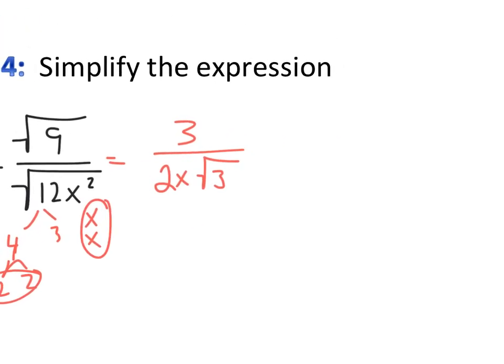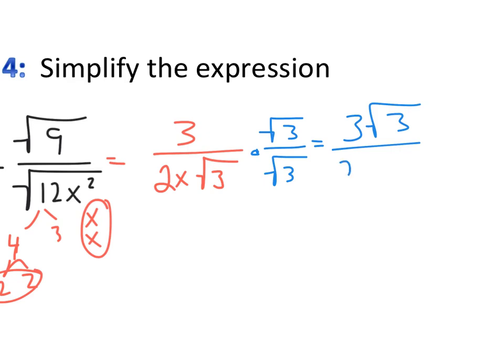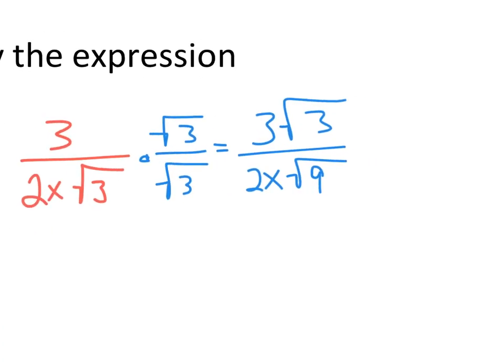I can't have a radical in the bottom, so I need to multiply by the square root of 3 over the square root of 3. When I do that on the top, 3 times the square root of 3 is just 3 square roots of 3. On the bottom, I get 2x square roots of... Okay.